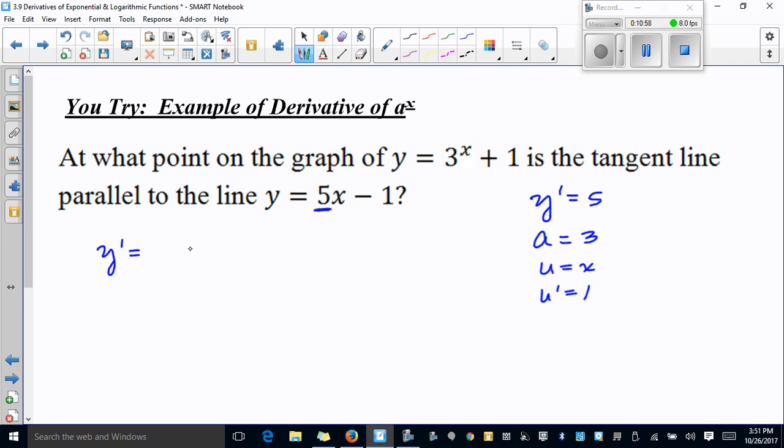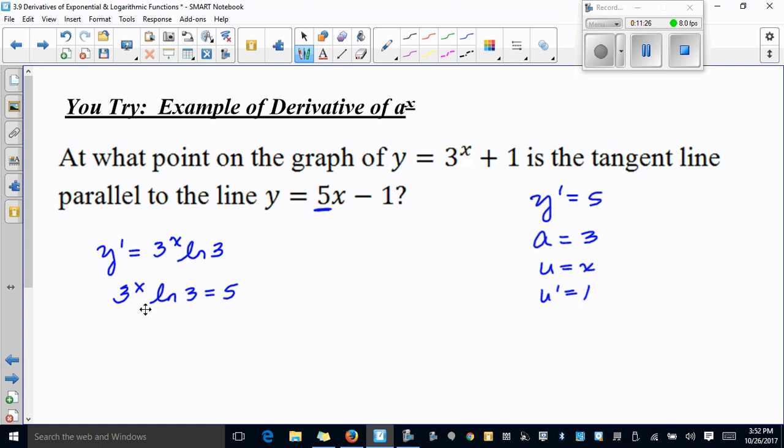And I need this to be equal to 5. So I need to know, when is 3 to the x, natural log of 3, equal to 5. So first, let's take care of the natural log of 3 by dividing both sides. So I have 3 to the x equals 5 over natural log of 3.